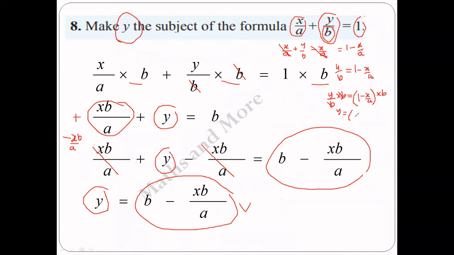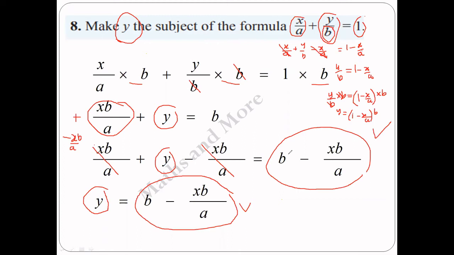In the right, 1 minus, this is another method to do this, 1 minus X over A, times B. Okay, this one is also correct.